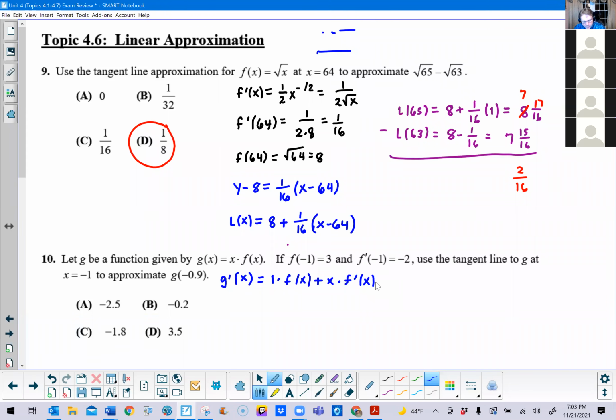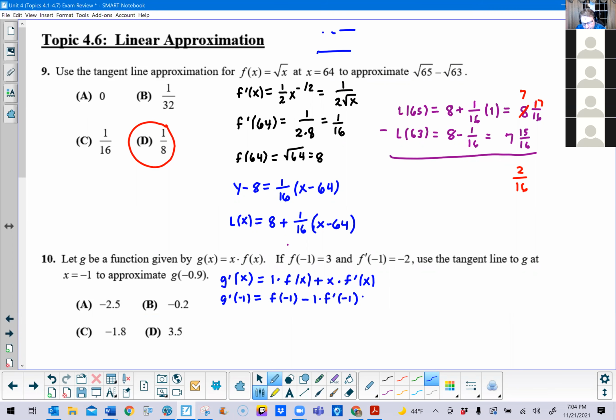Okay, well, where are we approximating this at? Well, it says -1 right here. So we're going to plug -1 in for x. And that's going to give us 1 times f of -1 plus -1, which I'm going to just write as -1, right, to kind of clean that up a bit. And then I have f prime of -1.